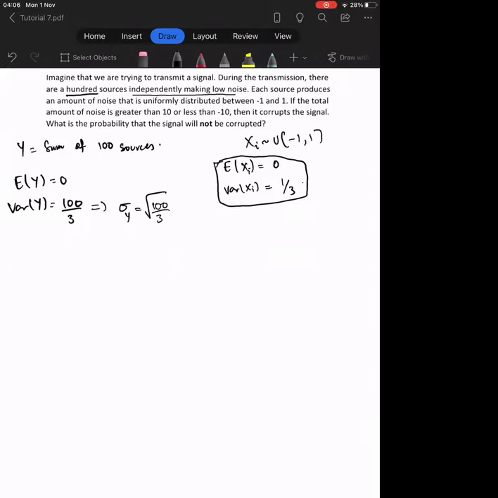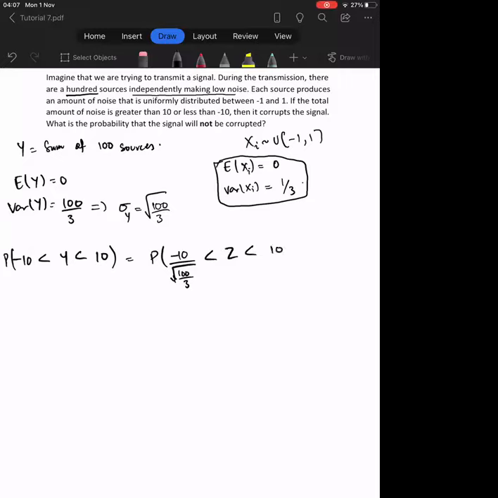Central limit theorem अगर हमने use करना, we want ये minus 10 और 10 के दरमियान हो, right? इसकी हमें probability चाहिए. This is going to be equal to the probability of minus 10, expected value is 0, I'm not going to write that, divided by 100 over 3 under root, less than z, less than z. अब इसमें क्या होगा?